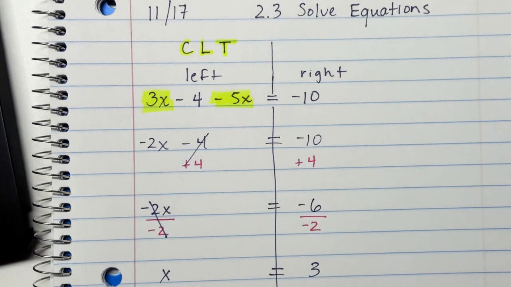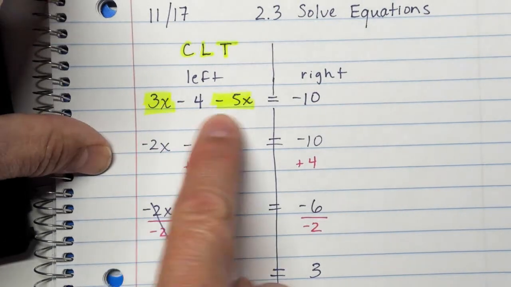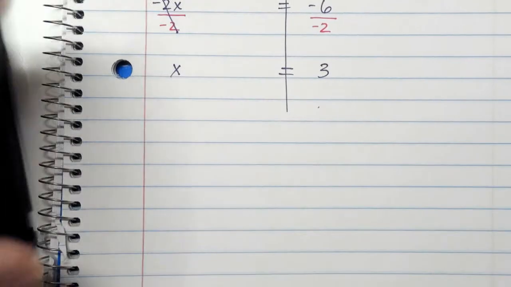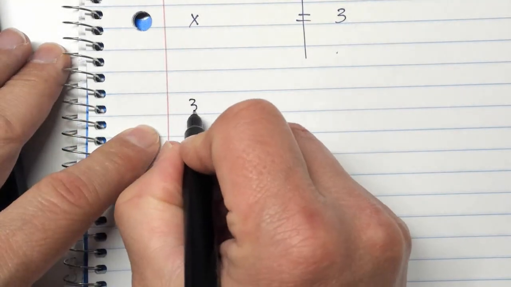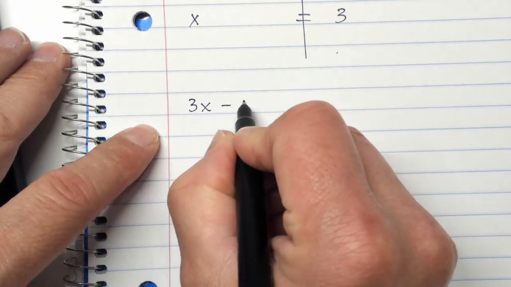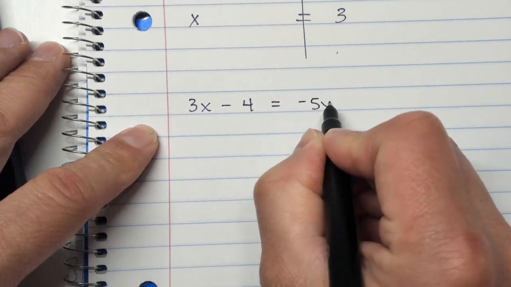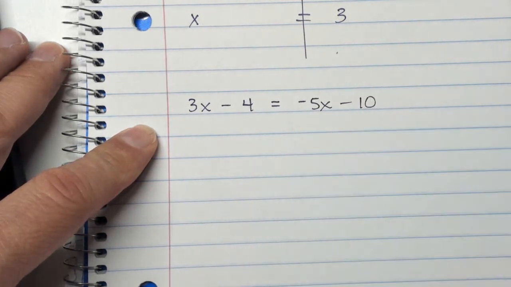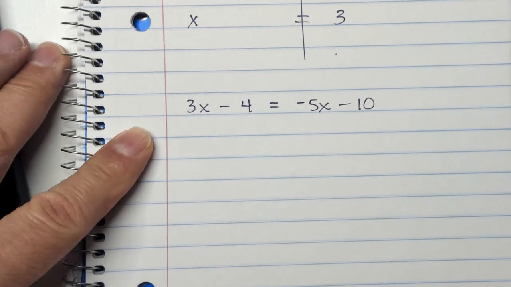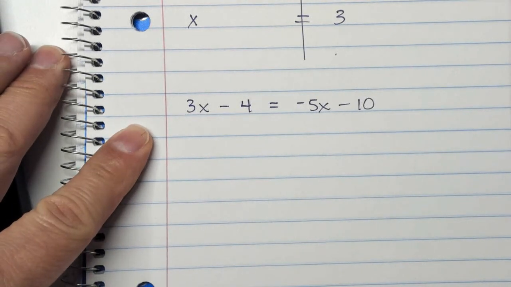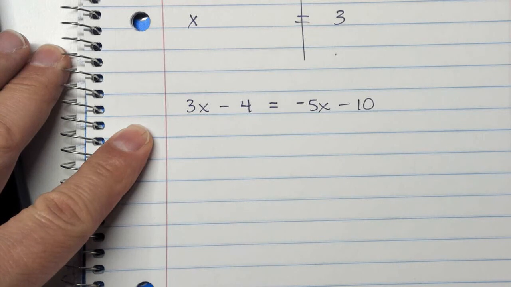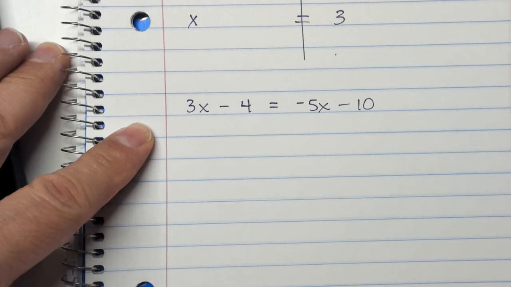Here comes the new stuff. So, watch how similar it looks. And just because it looks close doesn't mean it's the same, and it's not. It's not even close to the same.